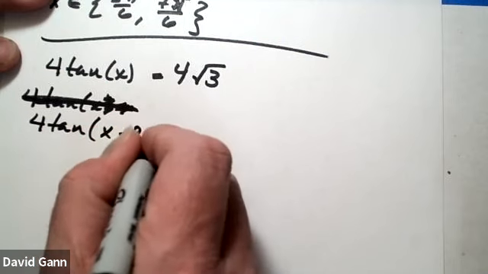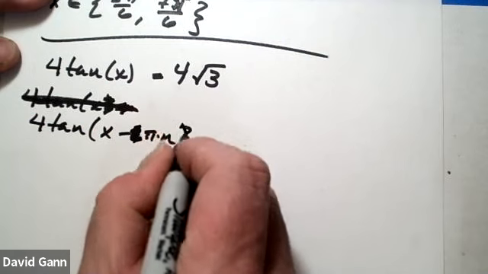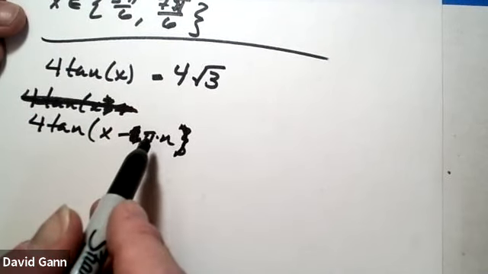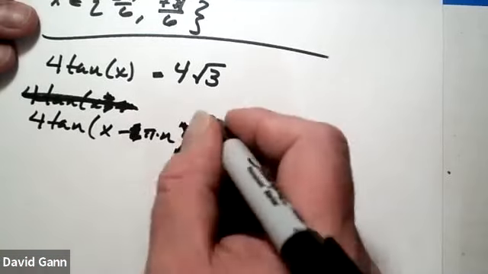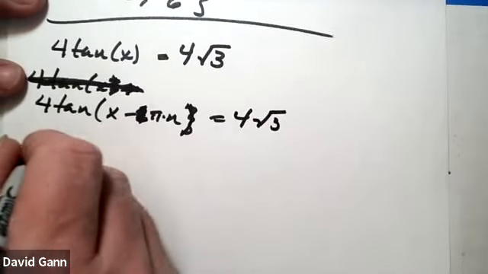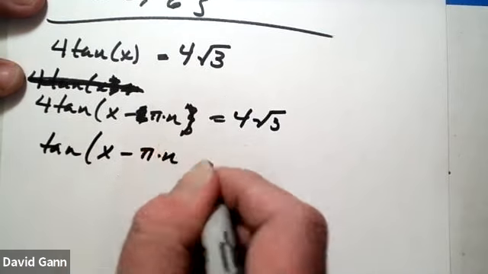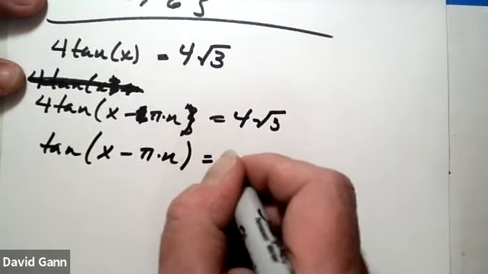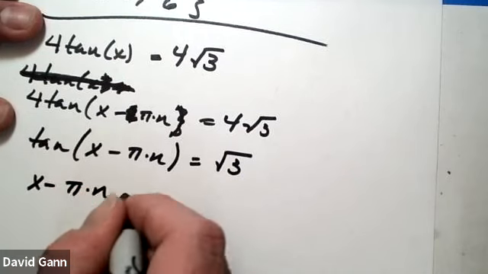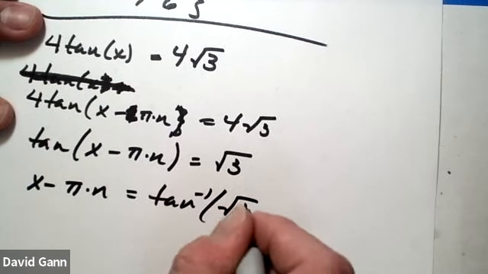Tangent of x minus pi times n, or sorry, it's just pi times n, because the period of tangent is just pi, equal to 4 root 3. Now isolate this bad boy. You've got tangent of x minus pi times n equal to square root of 3. So x minus pi times n equals the inverse tangent of square root of 3.